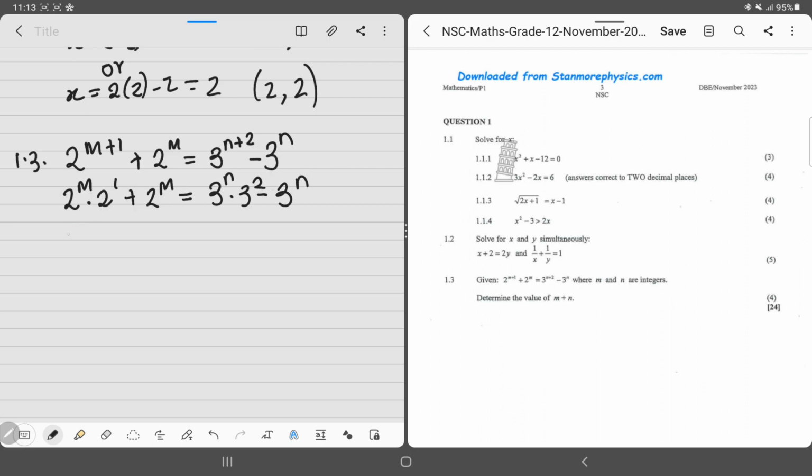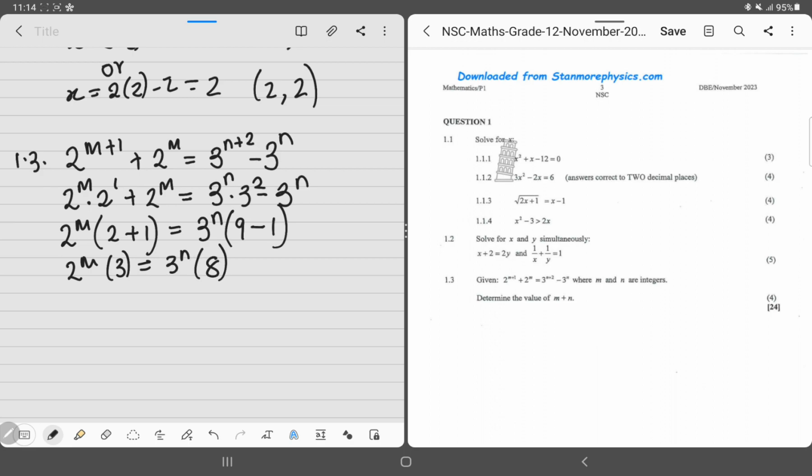I'm going to take out a common factor of 2 to the exponent of m, that is 2 plus 1. 3 to the exponent of n, that's going to be a 9 minus 1. So this is 2 to the exponent of m, 3, and then 3 to the exponent of n, 8. 2 to the exponent of 3.